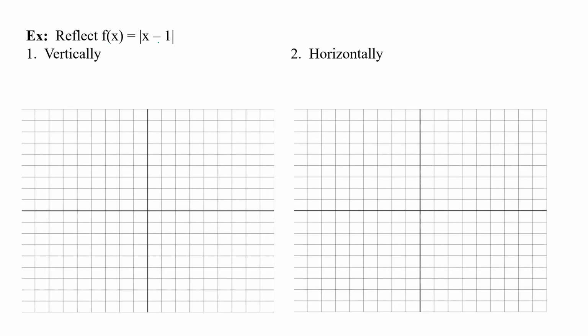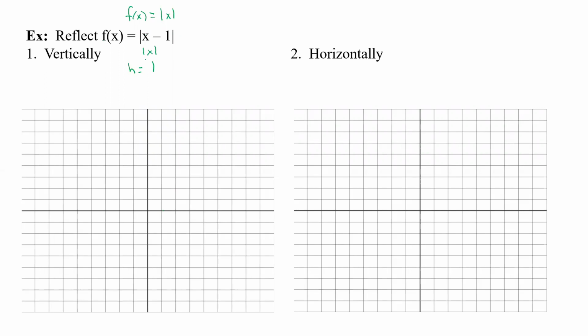Now remember, we can think about this as your f of x, and so what did we do here? If the absolute value is our original, what did we do? Well, we subtracted 1 from this here, and so our h is equal to a positive 1. And so that means we're going to go right 1. And that's all that the original function here is.